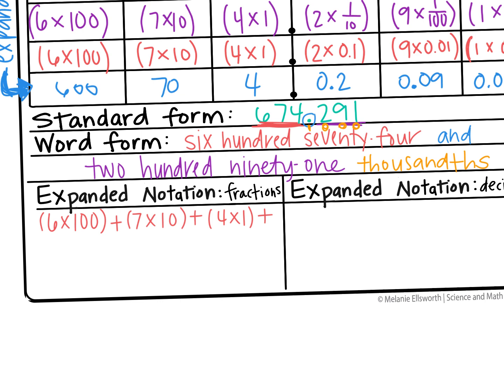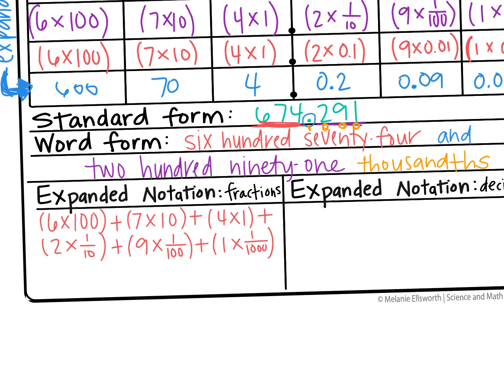Then I'm on the fraction side. So then it's going to be 2 times 1/10 as a fraction plus. The next number is 9 times 1 over 100 plus 1 times 1 over 1,000. Okay, that is what your expanded notation will look like. And you are basically just solving each part of it and showing me the value of each digit.